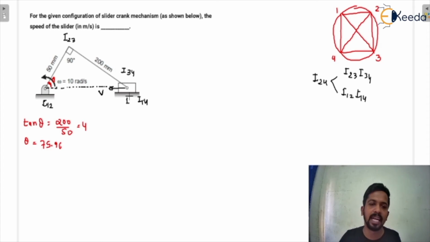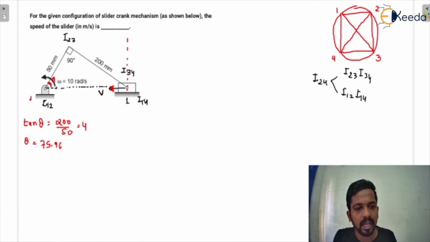I already told you that this is the sliding pair, and for a sliding pair the instantaneous center will go to infinity. The center of the translatory body, the body in translation, is at infinity, because a straight line is basically an infinite radius circle. So I can shift I14 here, because the center of I14 is at infinity, so I can shift it anywhere in translatory motion. So I24 is from I12, I14 and I23, I34.